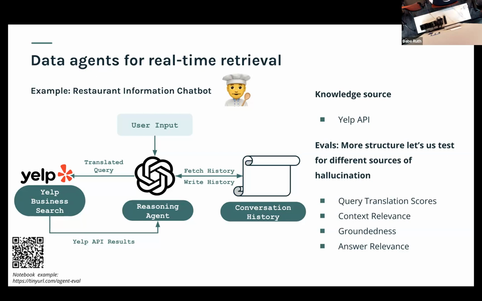When we get our final response that the reasoning agent comes up with, we can make sure that every statement made by our agent is fully supported and backed by evidence from those API results. And last, we can make sure that our user input and returning response are also relevant to each other. We're going to go through that in a little more detail.